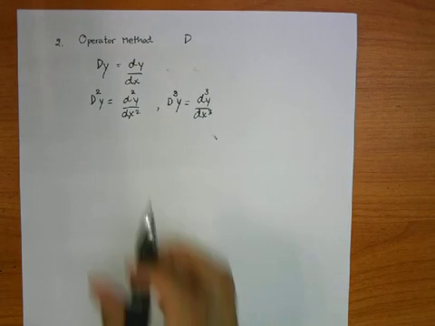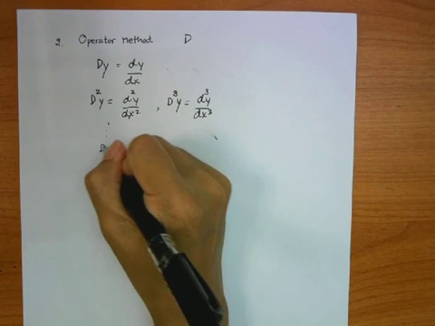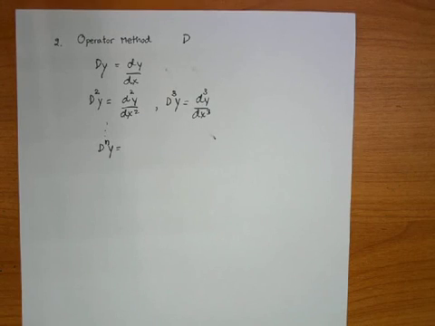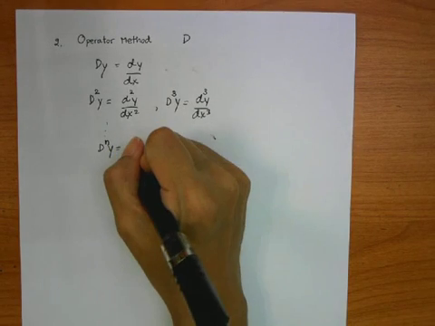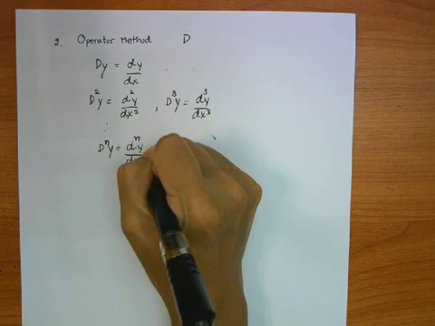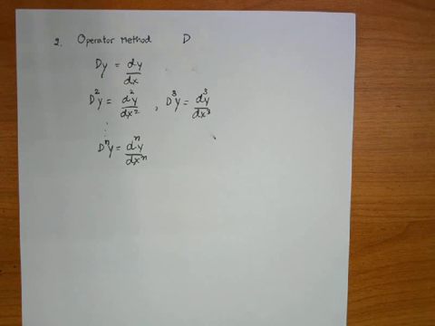So if I write down D to the power n, it means the nth derivative of y with respect to the variable x.